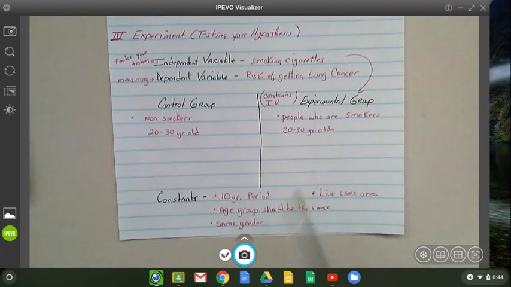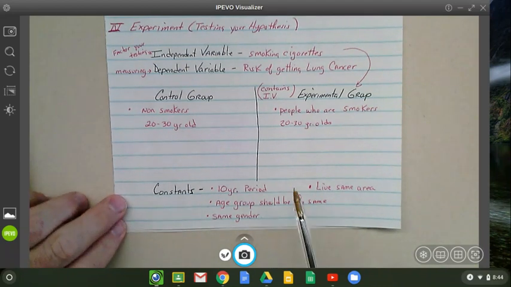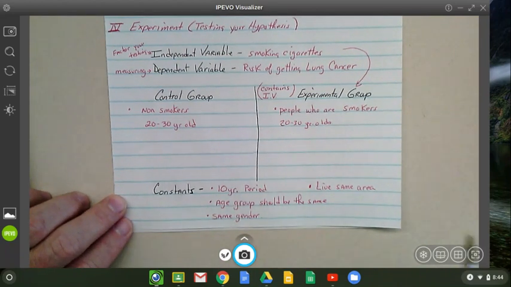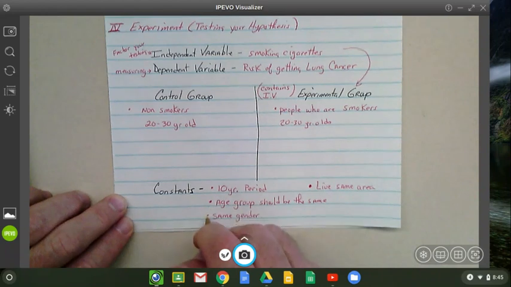Again, environment, exposure to certain pollutions and atmospheric stuff should be the same. Okay, I'm not going to have one group in a highly polluted area and then one group in a rural area where there's zero pollution. So I want to keep it as accurate and the same as possible.